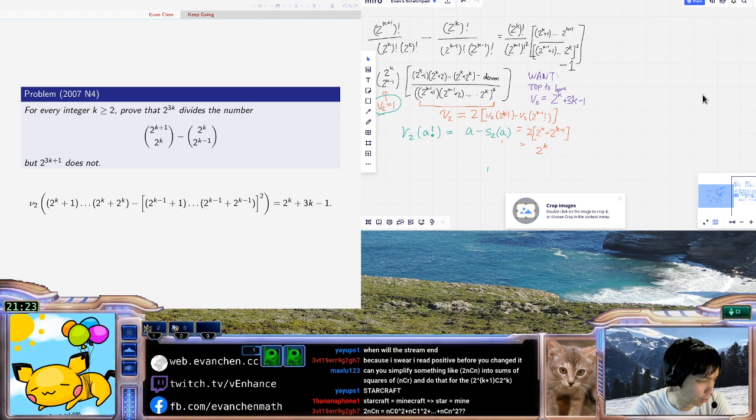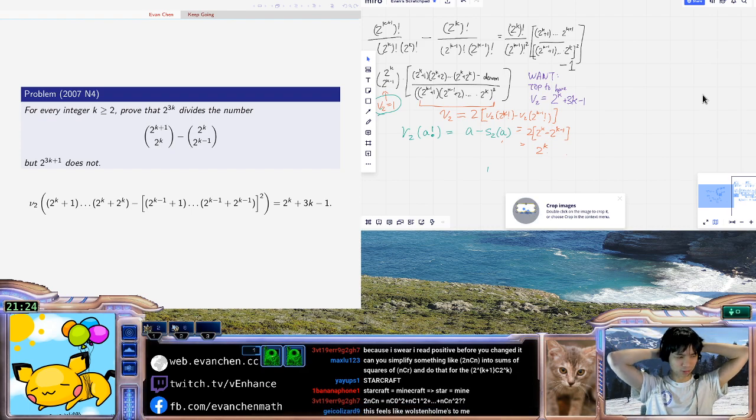Can you simplify something like 2n choose n into sum of squares and n choose 2, and do that? 2n choose 2. Oh, you guys want me to use that. Will that be easier to work with?